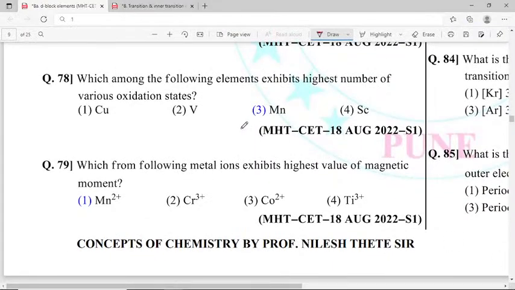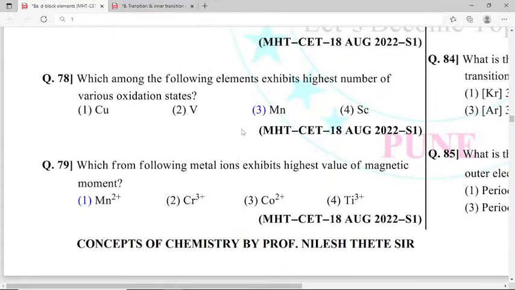Which among the following elements exhibits the highest number of various oxidation states? Manganese. Manganese shows +2, +3, +4, +5, +6 and +7 oxidation states, so 6 different oxidation states.